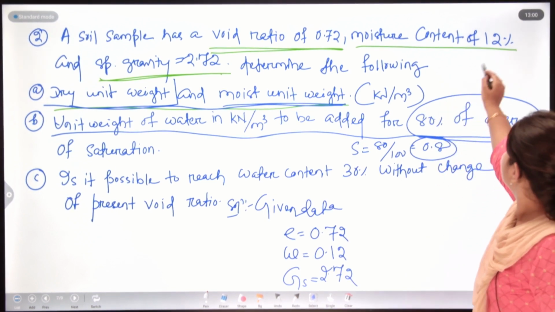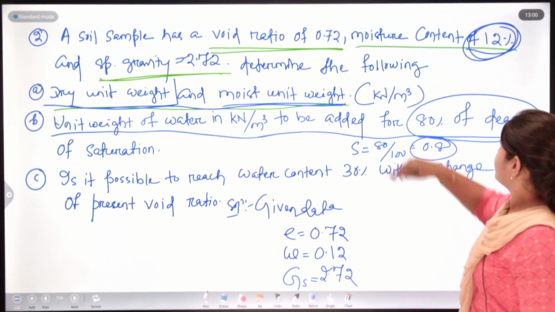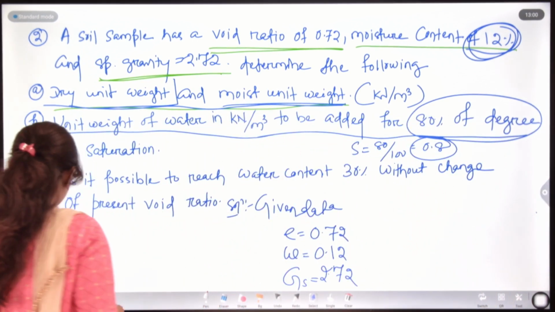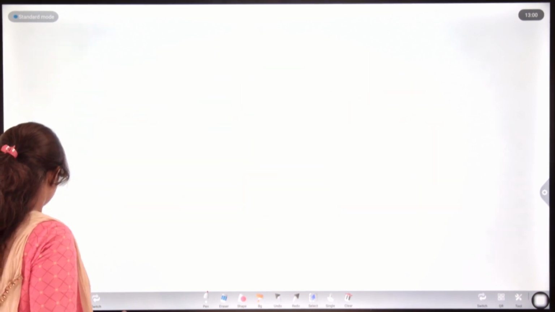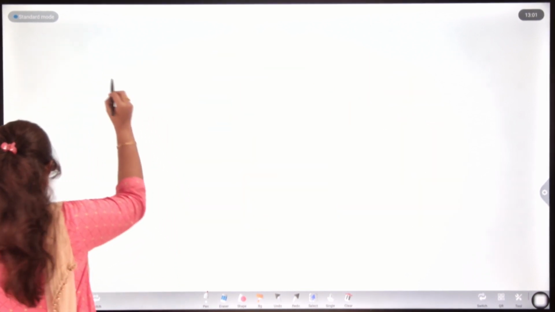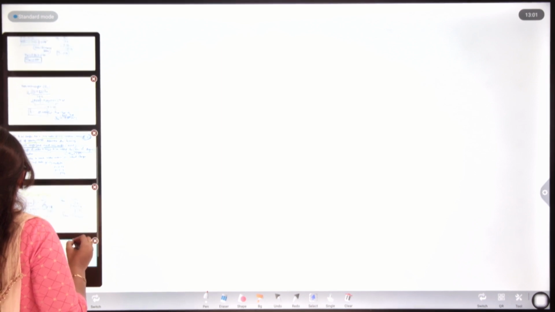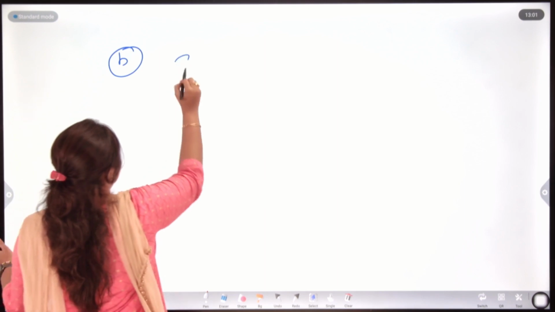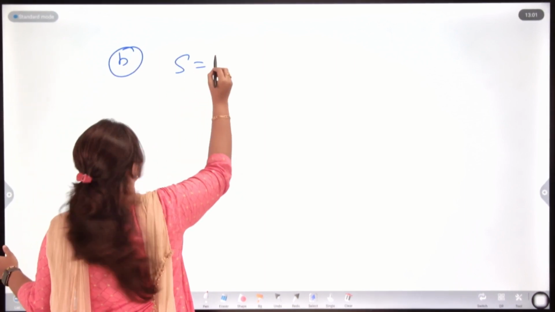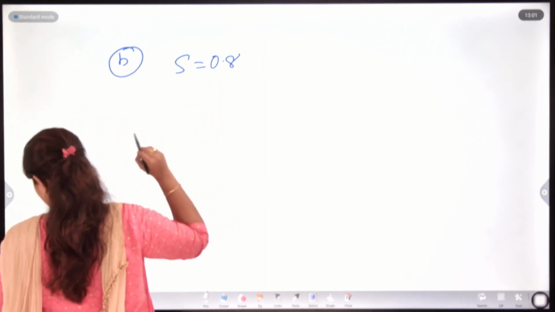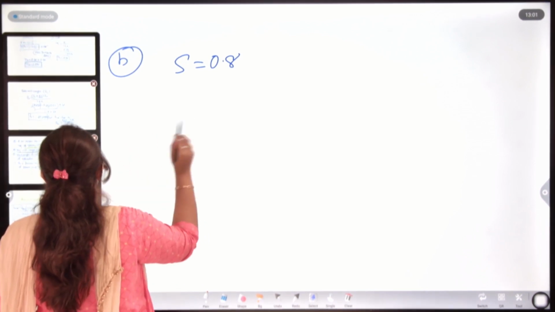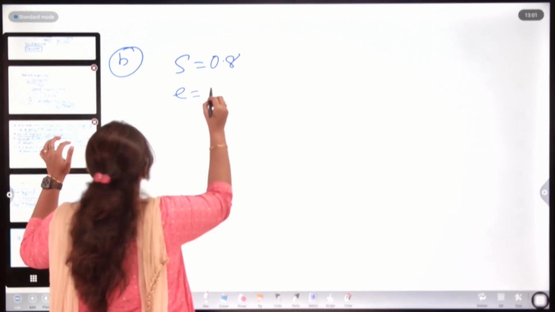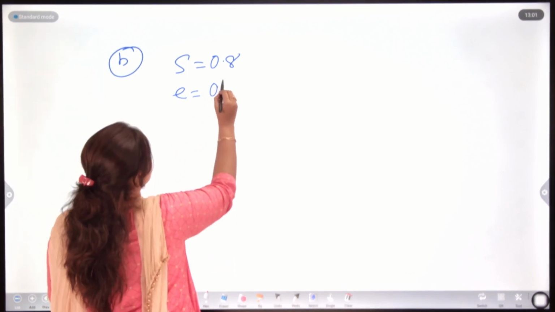So we do not take the earlier value; we will calculate the w value from this S. We have S as 0.8. e and G stay similar, with no change: 0.72 and 2.72.